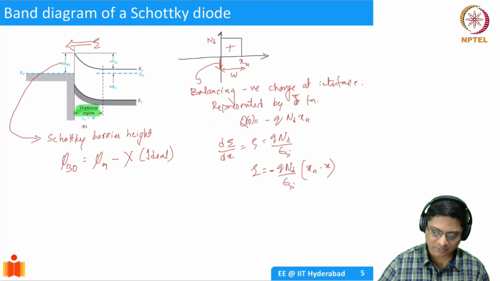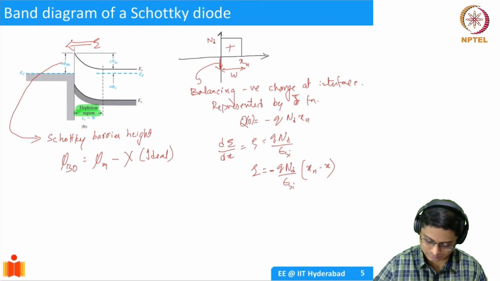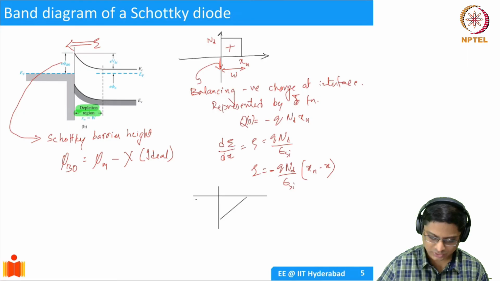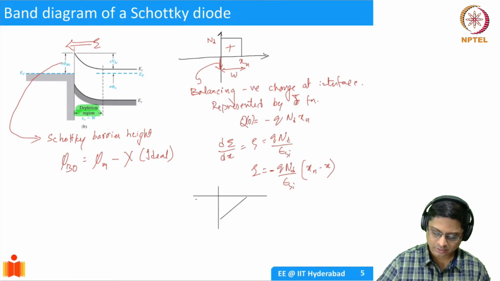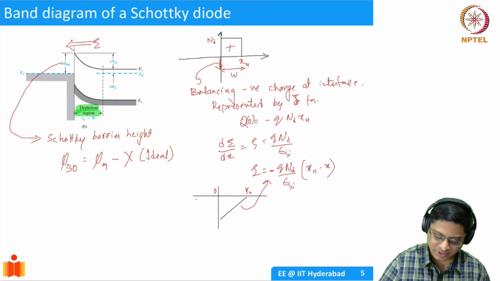The shape of the electric field is like this, right? This is xn, this is 0. So what you see is there's a sudden jump here.